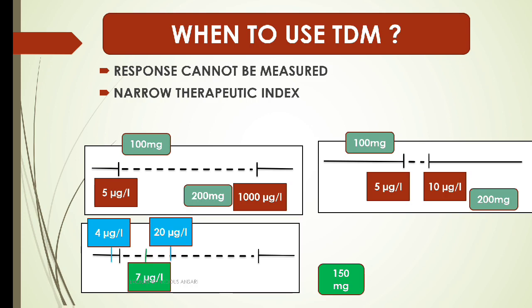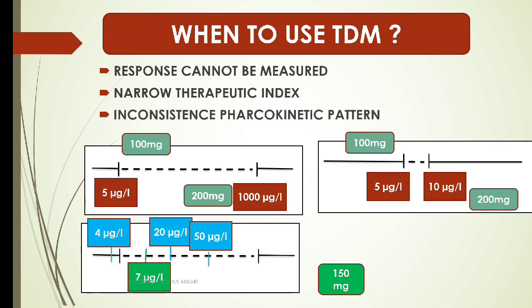And another individual, given the same 150 mg, shows a plasma concentration of about 50 microgram per liter. So this implies that the pharmacokinetic parameter is inconsistent over here. So the third area where we can use TDM is when there is inconsistency in the pharmacokinetic pattern. Okay, so in these three areas we can use therapeutic drug monitoring.